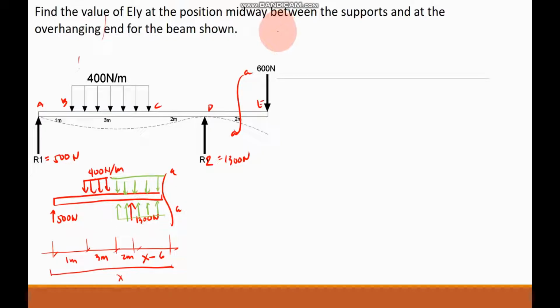We are now ready to determine the moment equation. So we have moment is equal to EI of the second derivative of y with respect to x. So we have here 500 multiplied by x minus 400 of x minus 1.